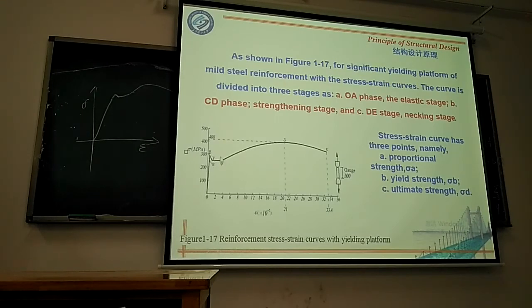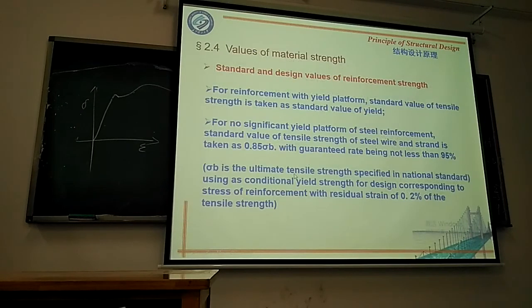But if the reinforcement doesn't have this platform, normally we take the value corresponding to the 0.002 strain as the design value strength, just like this. What does this mean? Ultimate strength.